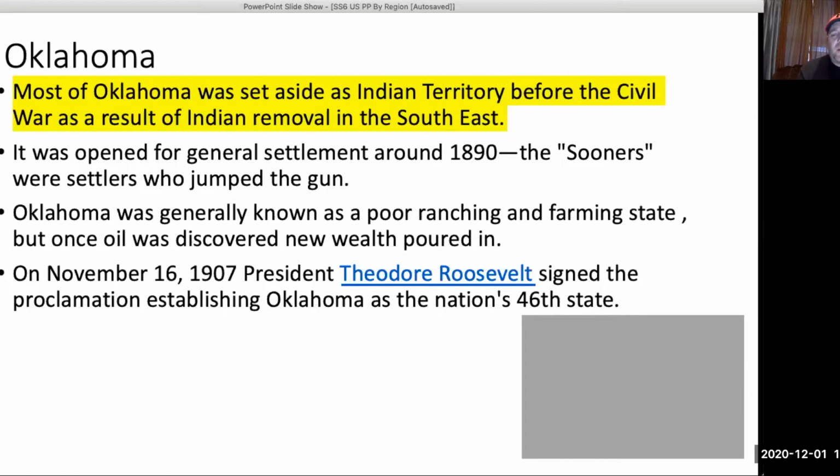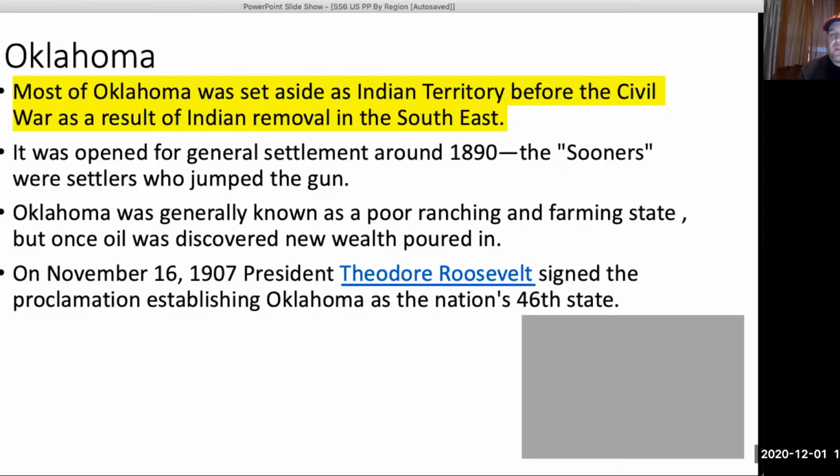Okay, this is a little unusual because this is one of the late states to be added to the United States, even though we had already expanded our territory greatly by 1907. We owned all the territory from coast to coast at that point, except Oklahoma hadn't been claimed as an actual state until 1907.